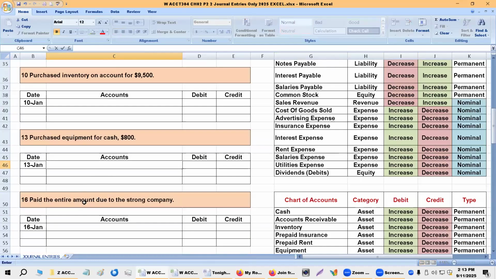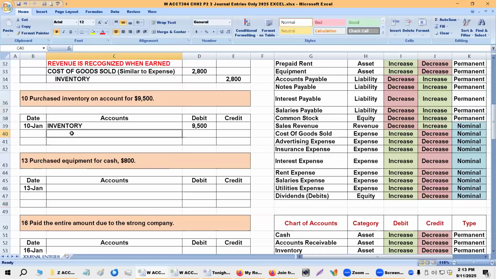And the account would be accounts receivable or accounts payable? Payable. We owe them money. They don't owe us money.